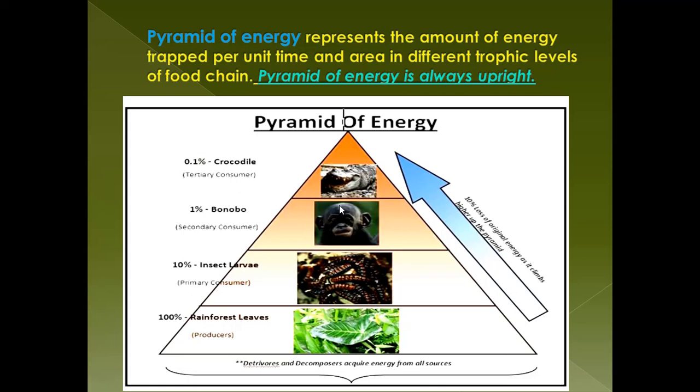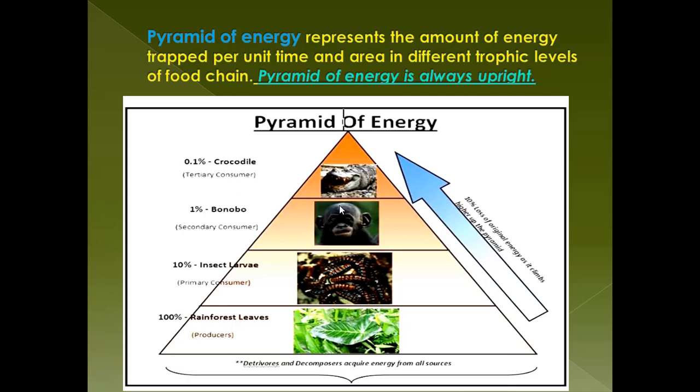Take up this particular picture here showing the pyramid of energy. In the rainforest, for example, we have a lot of green leaves shown there, and suppose the energy present in them we take as 100% total in producers, and only 10% will be transferred or passed on to the next trophic level.